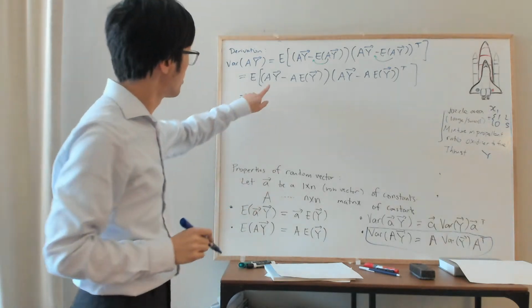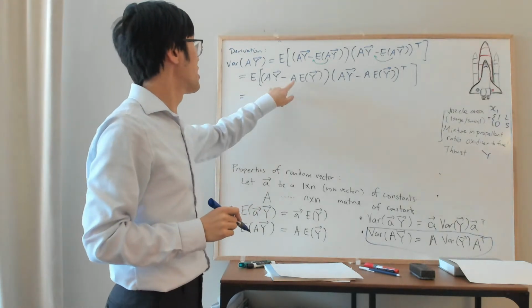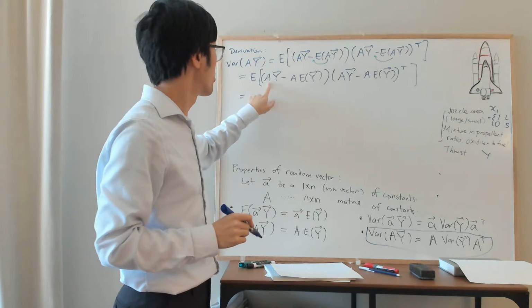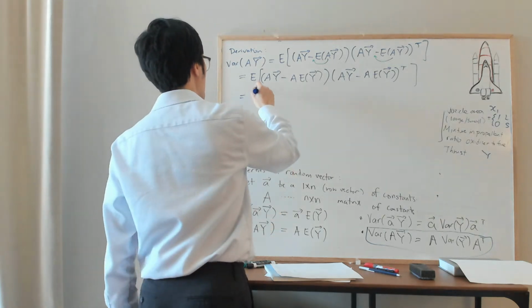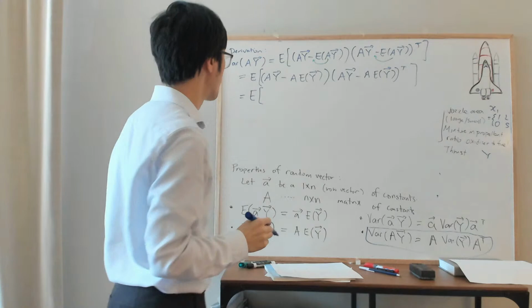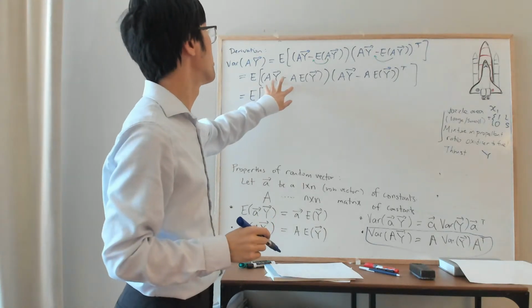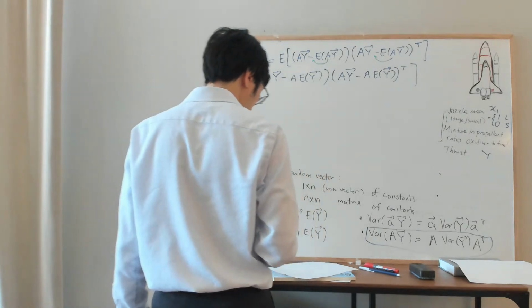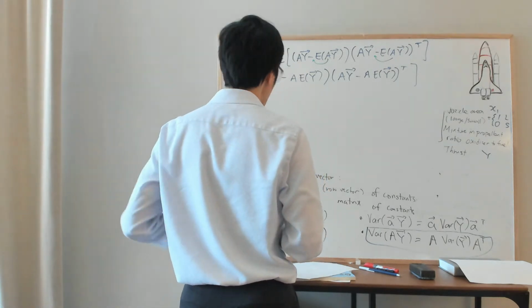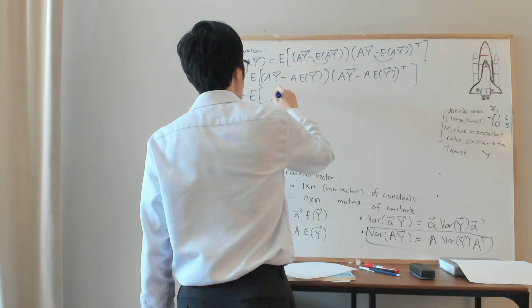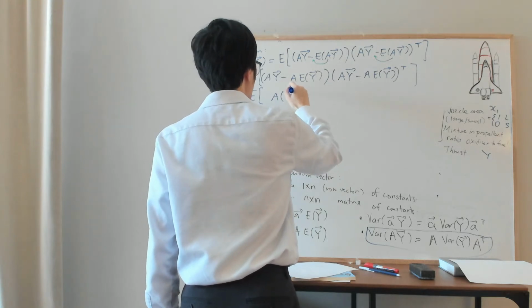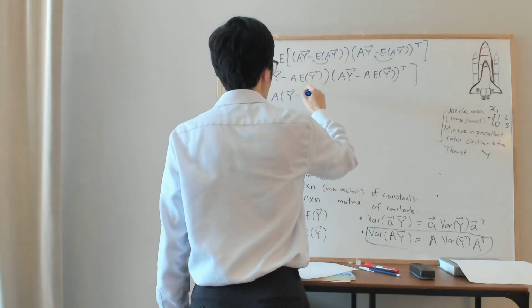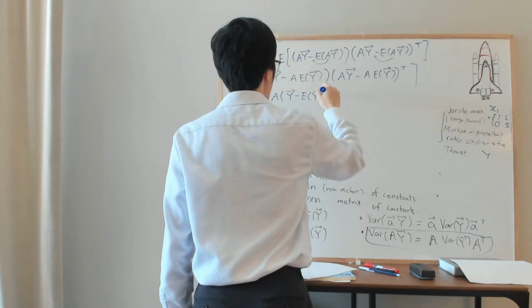I have A on both of these terms, so we can pull the matrix A outside here. Let's write A times Y minus E(Y).